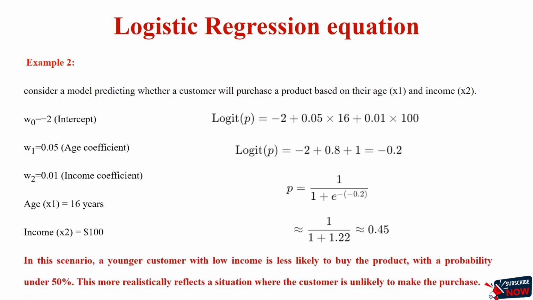So this young customer who has low income is unlikely to make the purchase because the probability is less than 50%. If the probability is more than 50%, the customer is likely to purchase. Otherwise, he is unlikely to make the purchase.